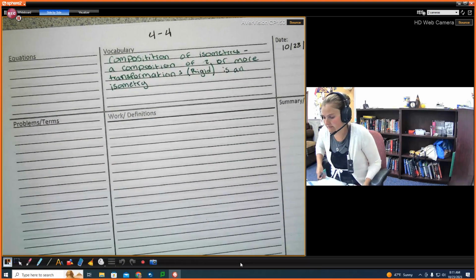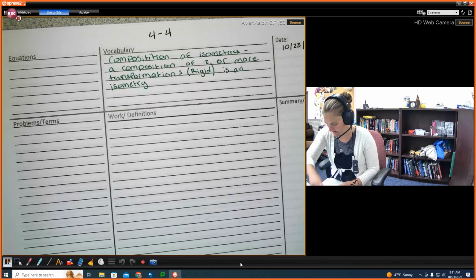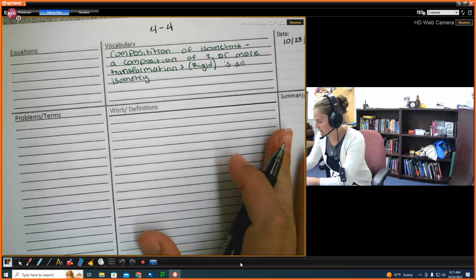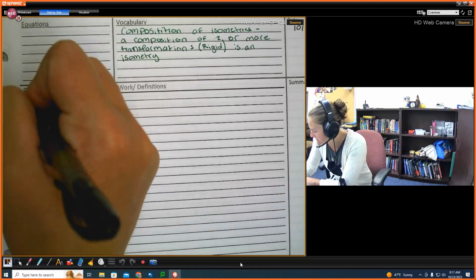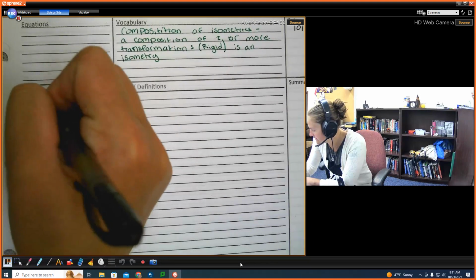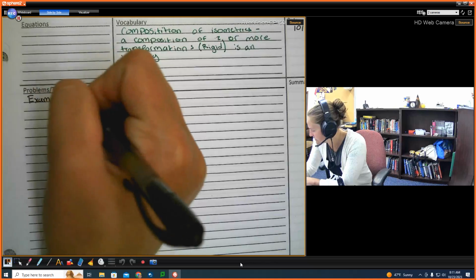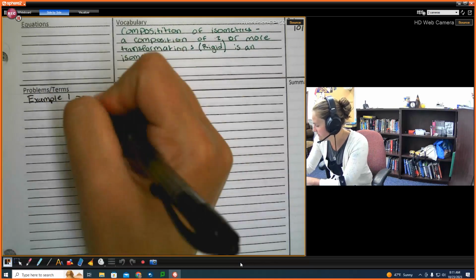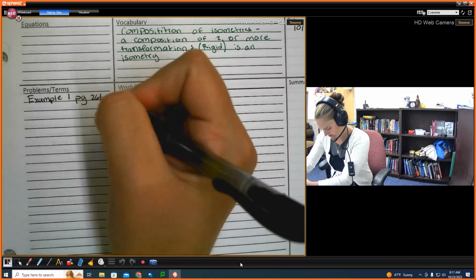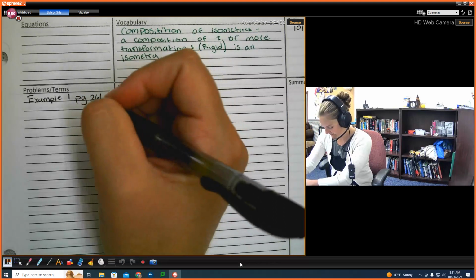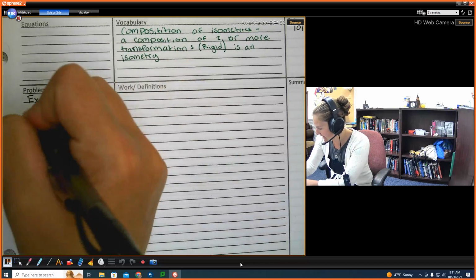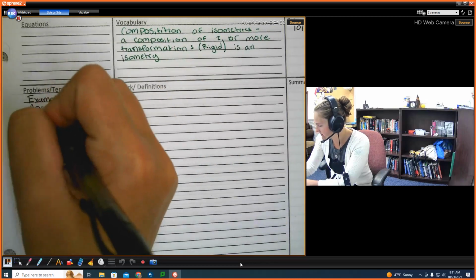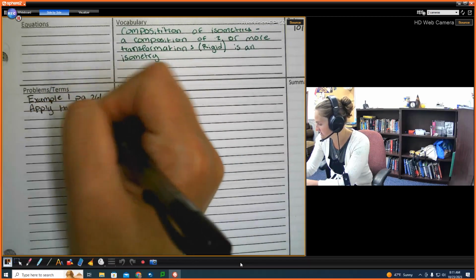So in black, we're going to write our problem over here. So example 1, page 261. Okay, and it says we're going to apply the transformations.